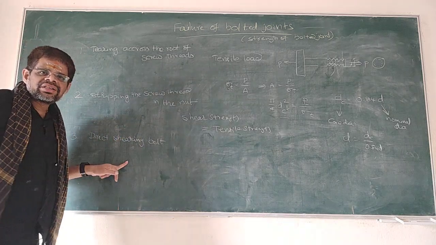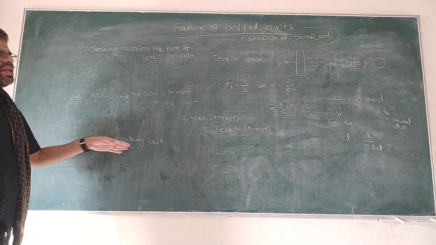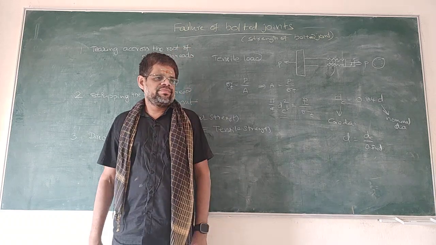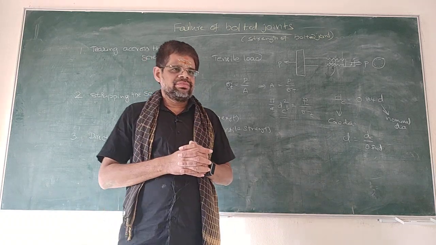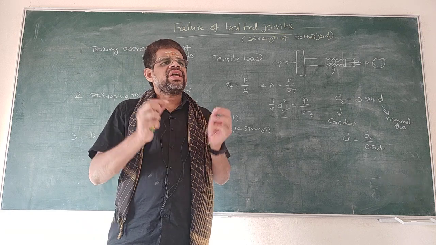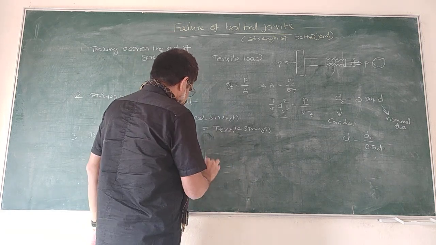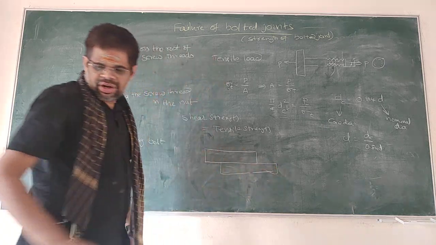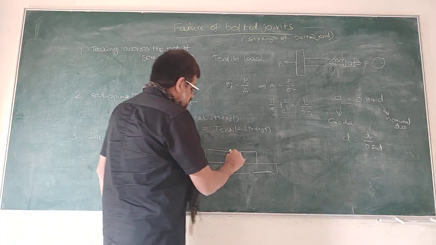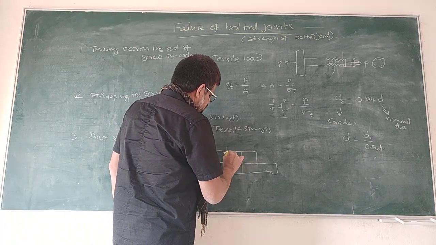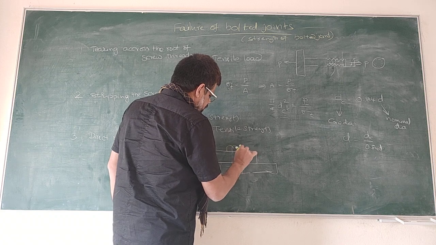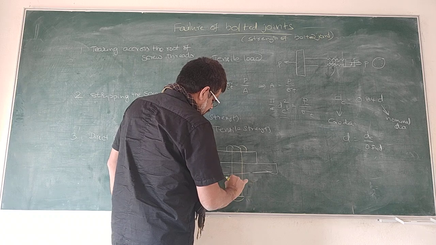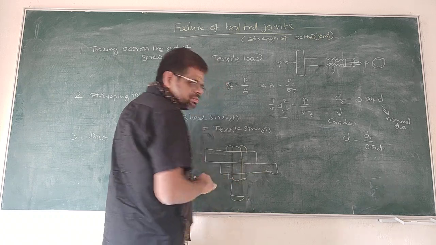And now coming on to the third type, direct shearing of the bolt. This is also due to the external loading, especially when two members are joined and they are subjected to shear load. See, for example, these are the two members to be joined, being joined by using this joint. That is the bolt, and this is the nut.